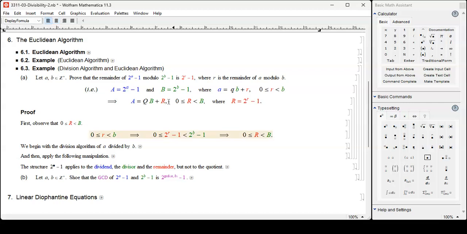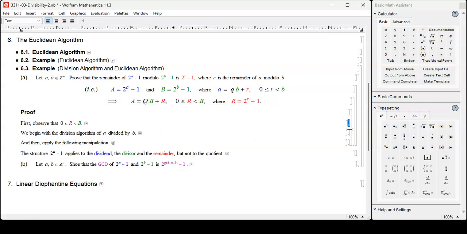Now, if we prove this equality as well, then we are going to be done. We wanted to prove that capital R defined this way is indeed the remainder for this operation, capital A divided by capital B. And we proved the inequality. Okay, one more to go. Let's prove the equality.